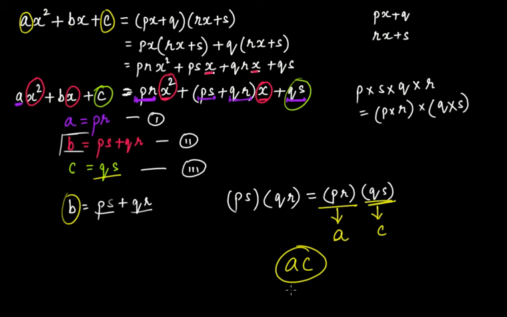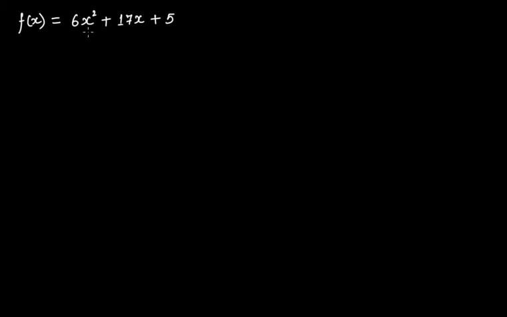I'll show you two examples, and this whole concept will be completely clear to you. You have 6x squared plus 17x plus 5. You have to factorize this polynomial by splitting its middle term, that is 17x. So, let's take two numbers p and q.